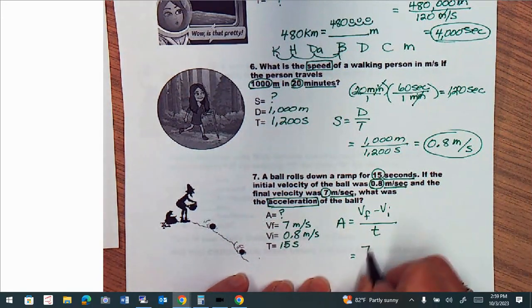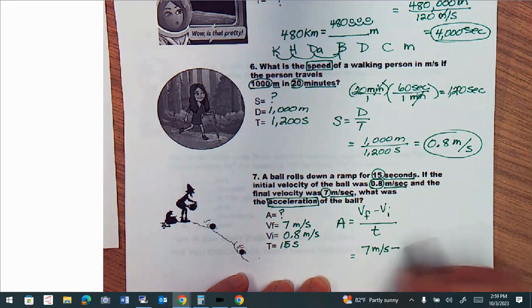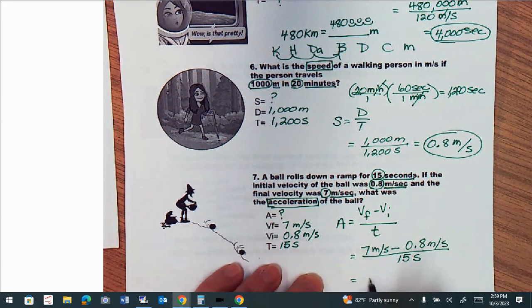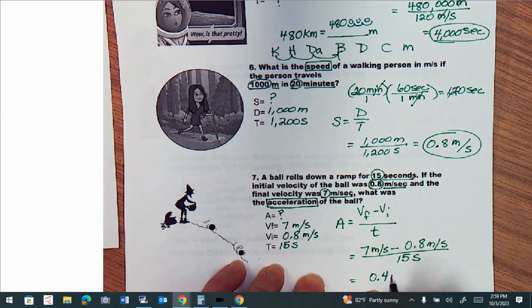Final velocity is 7 meters per second minus initial velocity of 0.8 meters per second divided by 15 seconds. And we will get 0.4 meters per second, or 0.4 meters per second squared.